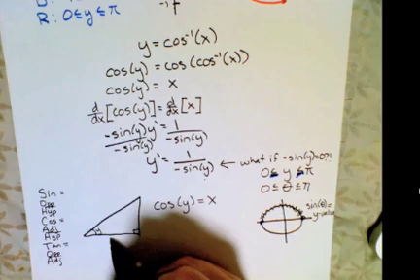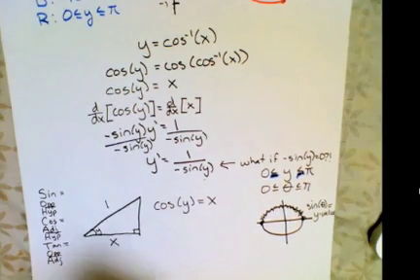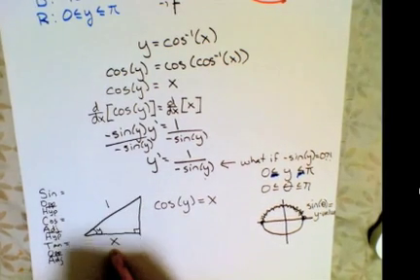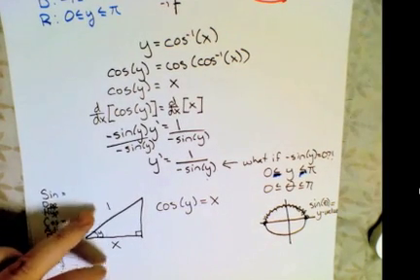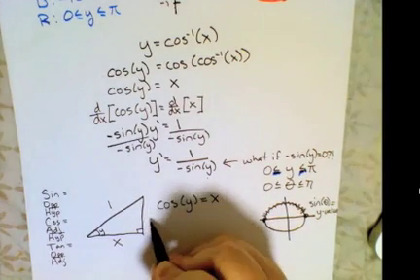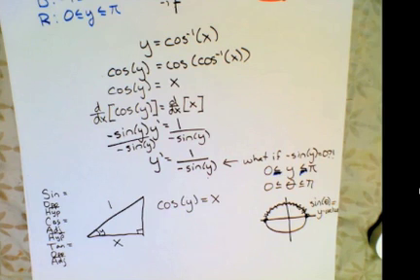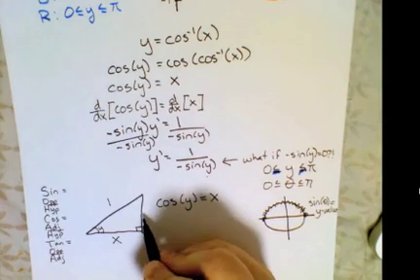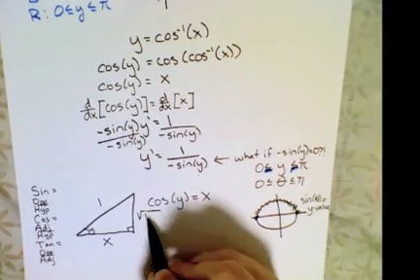So if I make the adjacent side x and the hypotenuse 1, then I'm golden. And it could be, maybe this is 2x and this is 2, maybe this is 3x and this is 3, but as these sides change, they will change in proportion to each other. Alright, then I just have to find the other side. You'll notice this is very similar to the sine. I'm not going to do the arithmetic again, so you can just take my word for it that this side is the square root of 1 minus x squared.